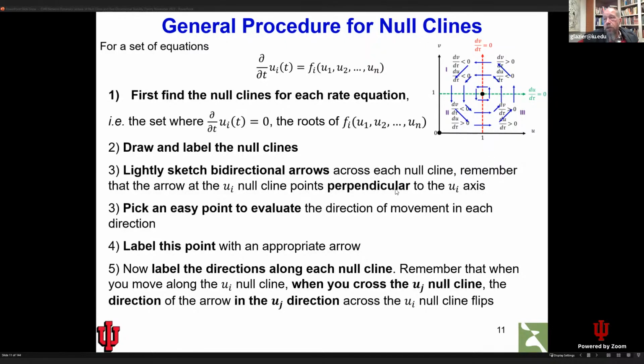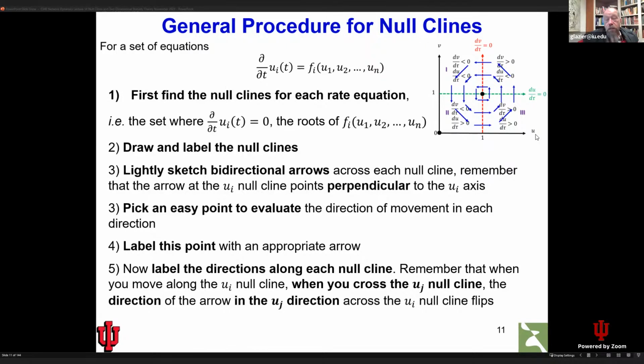Then, since you don't know the direction of movement yet, you sketch little bidirectional arrows across the null-cline, remembering that for the u null-cline, you draw the lines perpendicular to u. For the v null-cline, you draw the lines perpendicular to v, the x null-cline perpendicular to x. It's tempting to want to draw the lines perpendicular to the null-cline, but they're not.